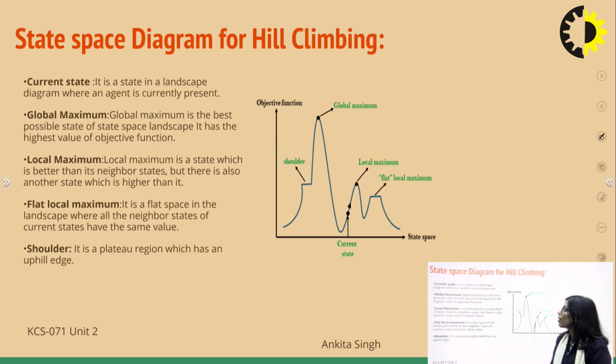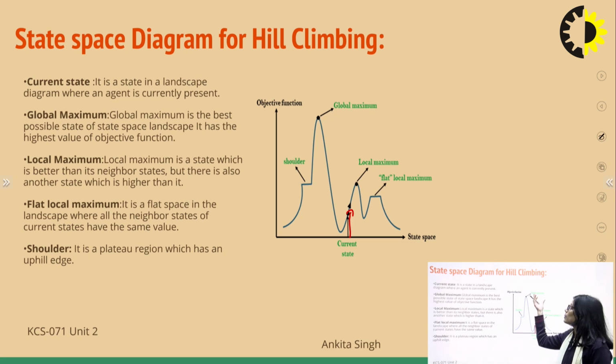Now, to represent a local search algorithm, we depict it in the form of a state space diagram. What we are seeing now, first, is the current state. What do we mean by current state? Current state is the point at which we have started our search process. We can start at any of these points. Suppose we have started from here. This is my current state.